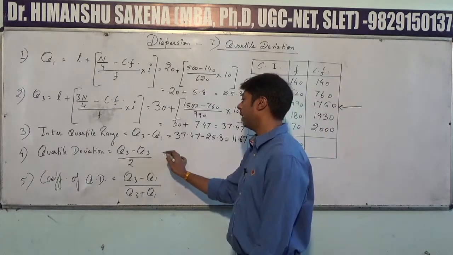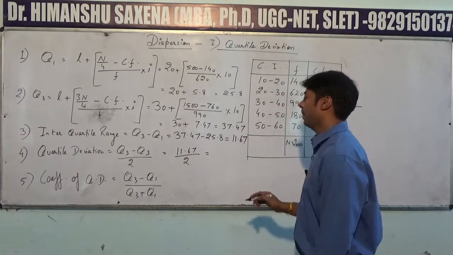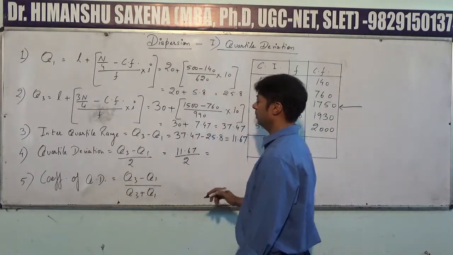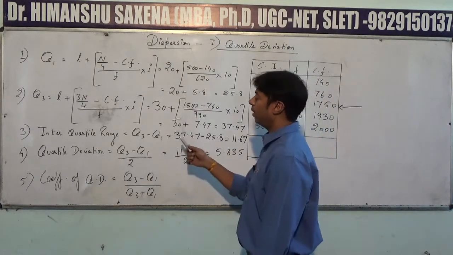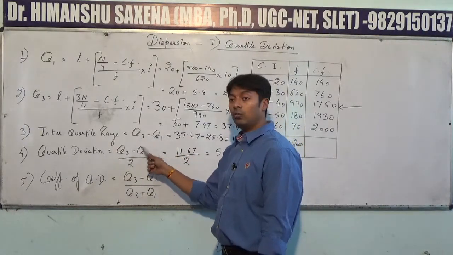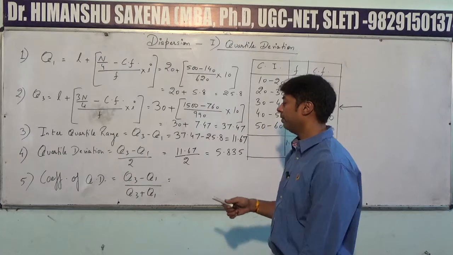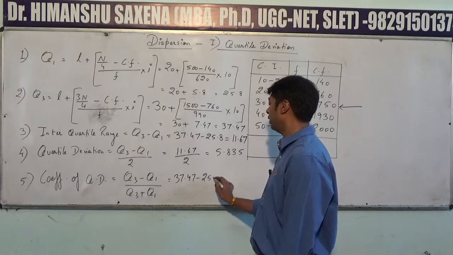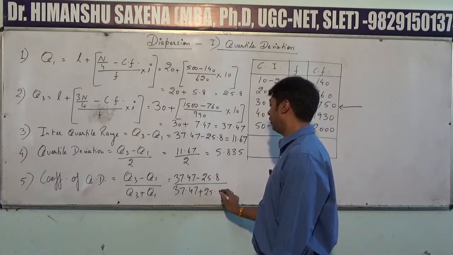Keep the calculators in your hand. Quartile deviation will be interquartile range divided by 2, that is 11.67 upon 2, which is 5.835. Interquartile range is Q3 minus Q1 and quartile deviation is Q3 minus Q1 whole divided by 2. And next, coefficient of quartile deviation. It is Q3 minus Q1, that is 37.47 minus 25.8, upon 37.47 plus 25.8.